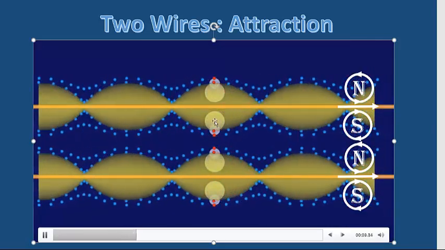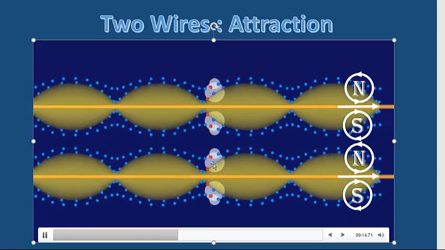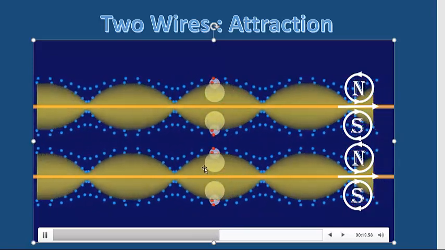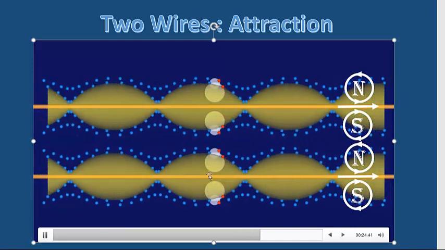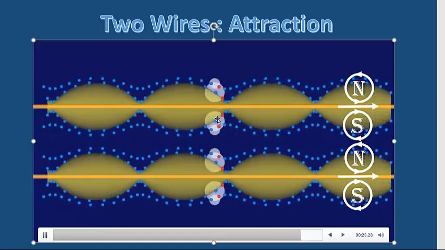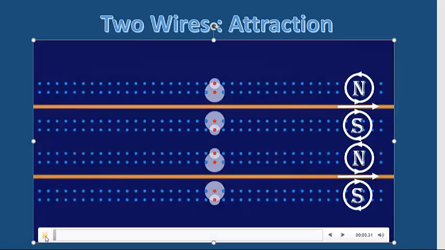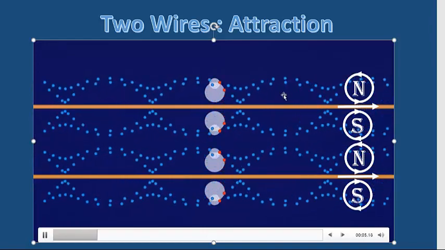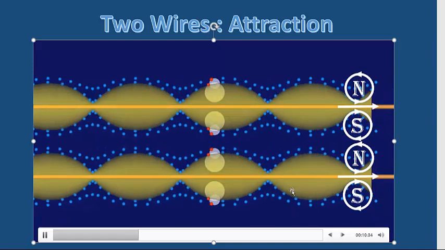So these two circulations are next to each other, and as we saw with the spinning cylinders, when you have opposite circulation next to each other, it's going to cause attraction. So this model here can make a prediction, and the prediction is that if you have two wires next to each other and the electricity is flowing in the same direction, the wires are going to attract.